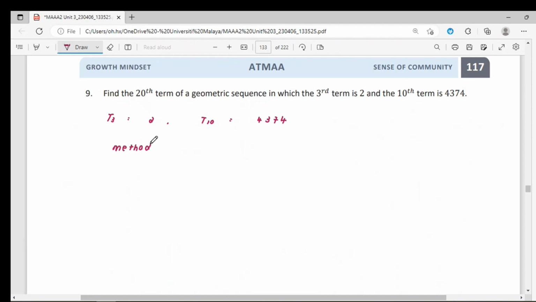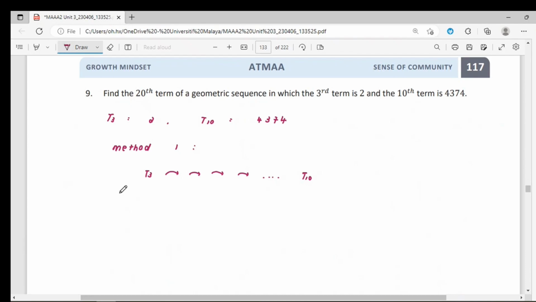The first one just uses a bit of common sense. Imagine this is T3, then I have T10 here. How many R do I multiply to get to T10? T3 to T4 is 1, to T5 is 2, T6 is 3, T7 is 4, T8 is 5, T9 is 6, and to T10 is 7.